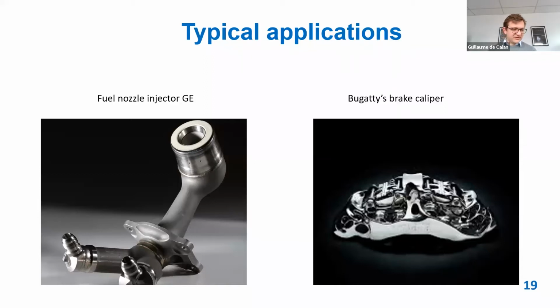There have been some other examples, and I'm thinking of Michelin in France, but still it's an interesting part. It's a fuel injector for an airplane motor. The interest here of additive manufacturing was the possibility to print an extremely complex part, and in the end, to integrate in one part something that was previously done by assembling a lot of different subcomponents.